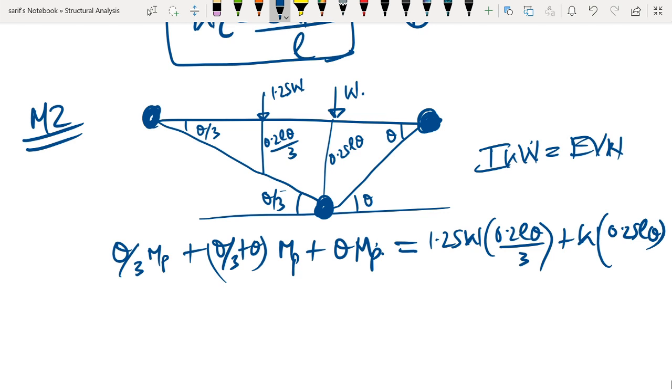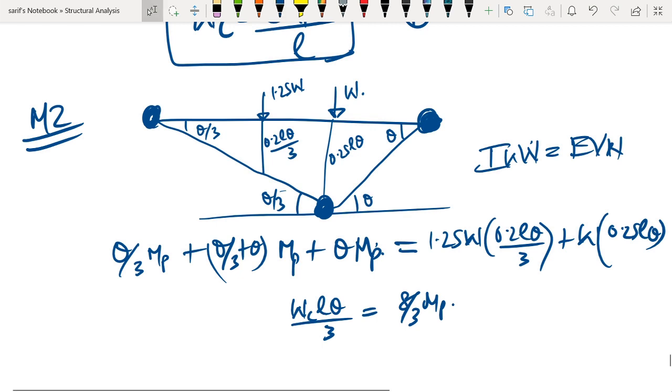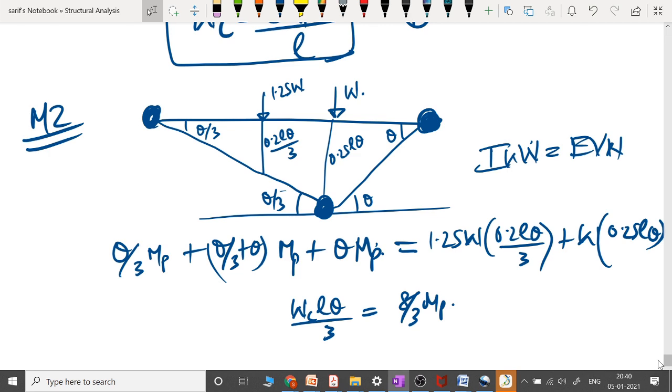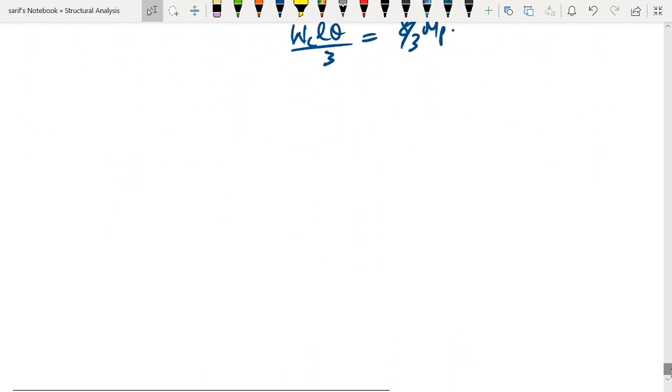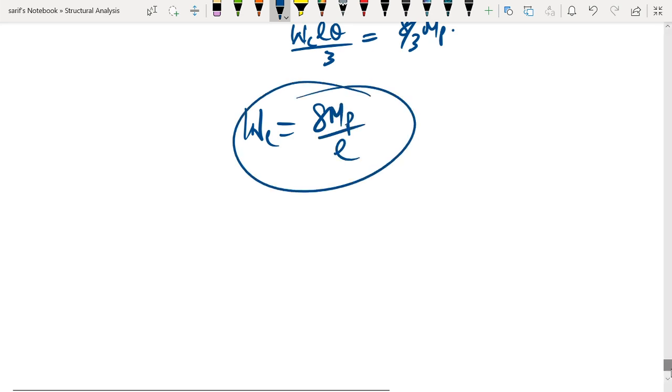If we simplify this, we get WC L theta divided by 3 is equal to 8 by 3 MP. Further simplifying, we get WC as 8 MP divided by L. So from mechanism 2 also we get 8 MP divided by L.